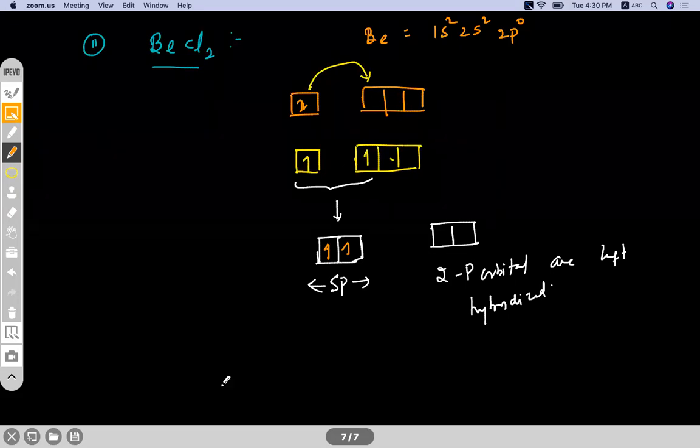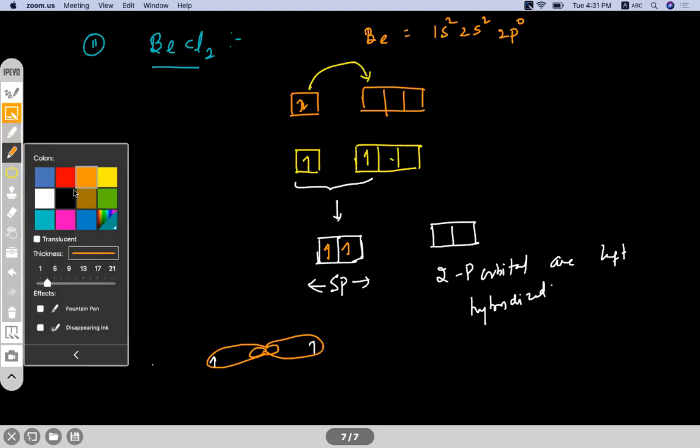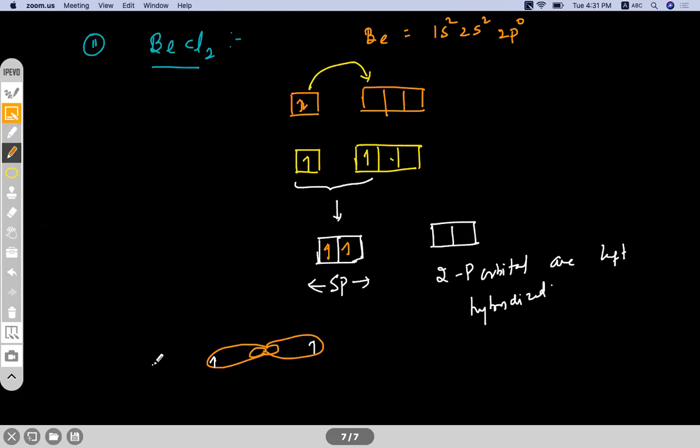Okay. Now, when you draw the structure of BeCl2, the hybrid orbital is this, and in chlorine, the electron is present in the p subshell. This one has 1 electron, this one has 1 electron. The p orbital of chlorine has 1 electron each.